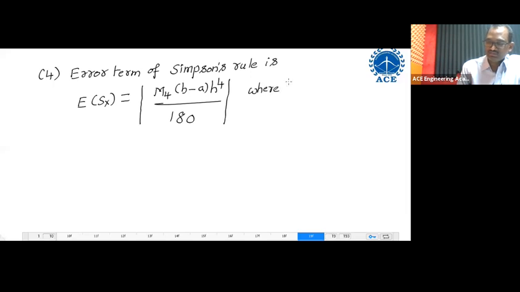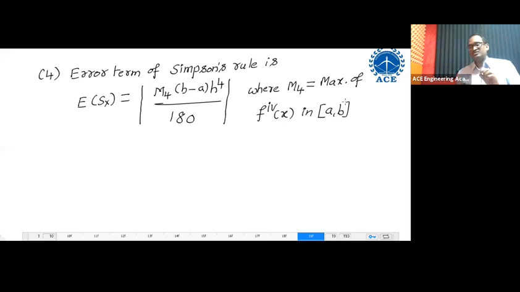A means the integral lower limit. B means the integral upper limit. H means the length of the subinterval. M4 means the maximum of f power 4 of x in the interval a comma b.